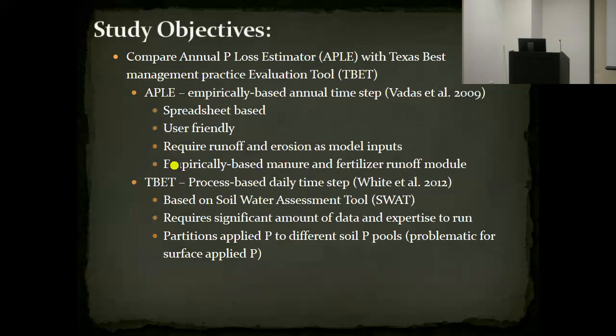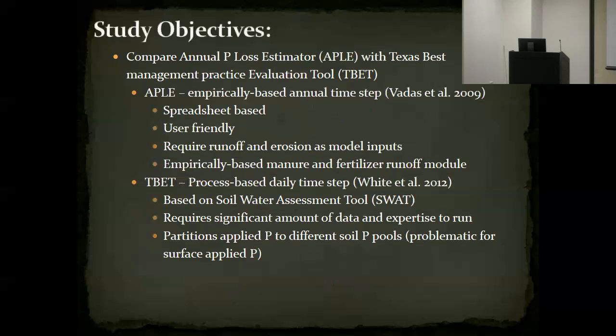And we compared it with TBET, which, anyone here familiar with the SWAT model, the Soil and Water Assessment Tool? That's almost, I hate to use the term gold standard, but within the ag community and within ARS, it kind of is. And TBET is supposed to be a simplified interface to this model, and it was developed specifically for Texas and Oklahoma.